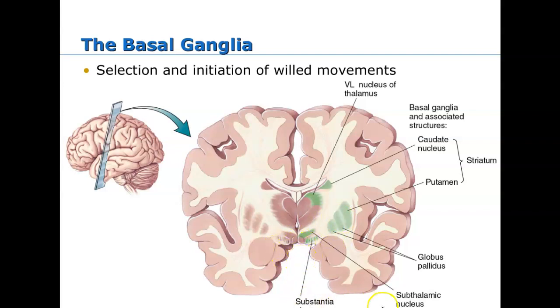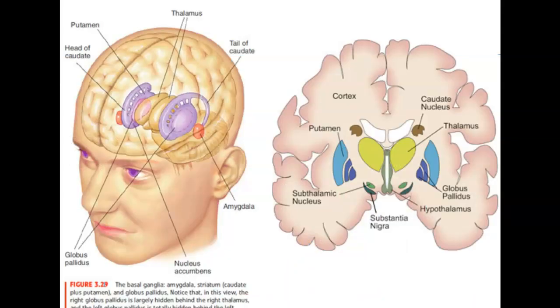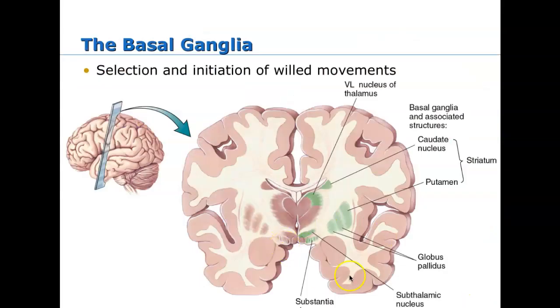And finally, other players here are going to be the substantia nigra, which is this dark substance. The name comes from the dark coloration of the neurons in here, and this is going to provide major modulatory input to the basal ganglia.